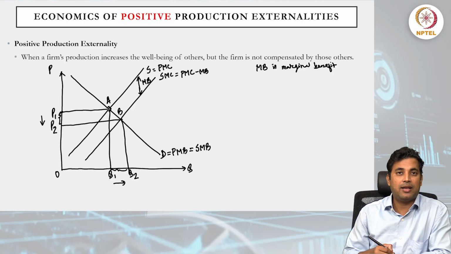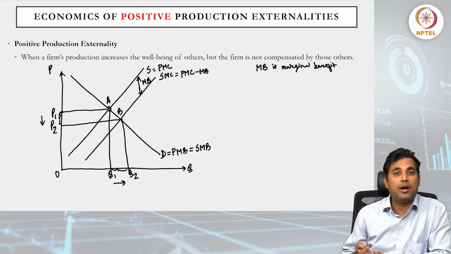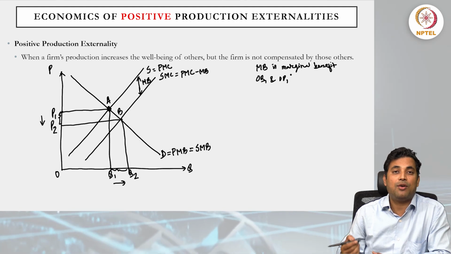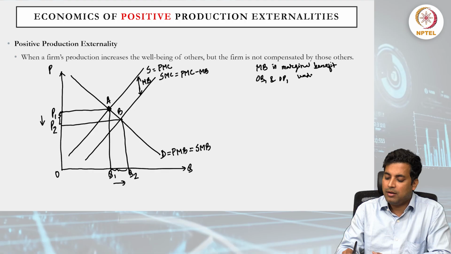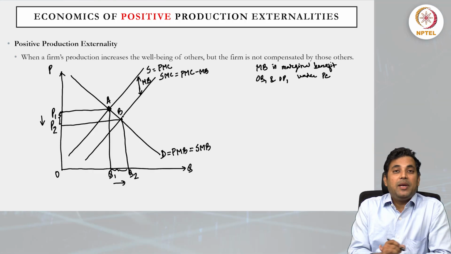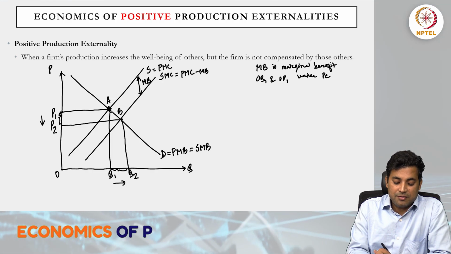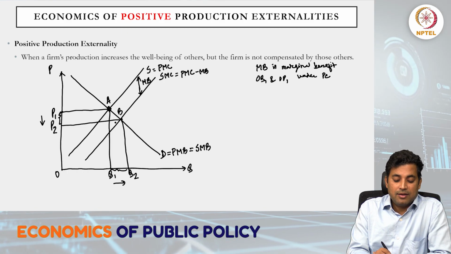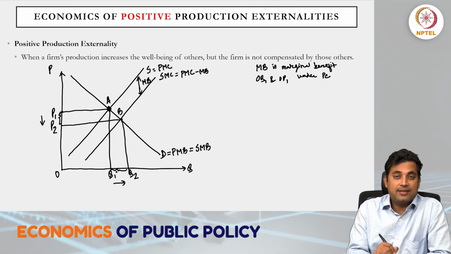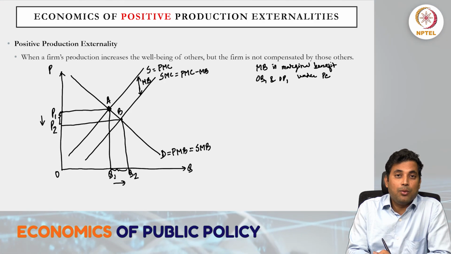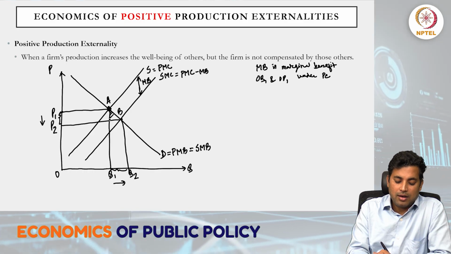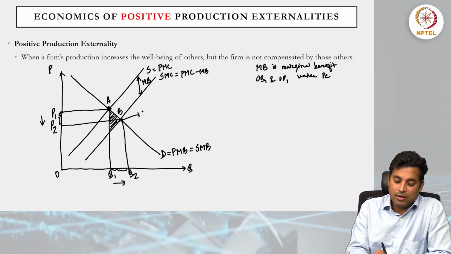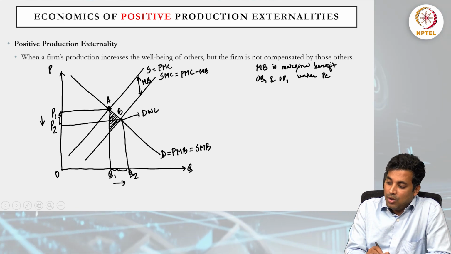So A is certainly the equilibrium point, and OQ1 and OP1 are the optimum level of quantity and price under perfect competition, right? And B is not a perfectly competitive point. If producers in the market are producing and sticking to point Q1, this is a loss that we will get, which one can refer to as deadweight loss.